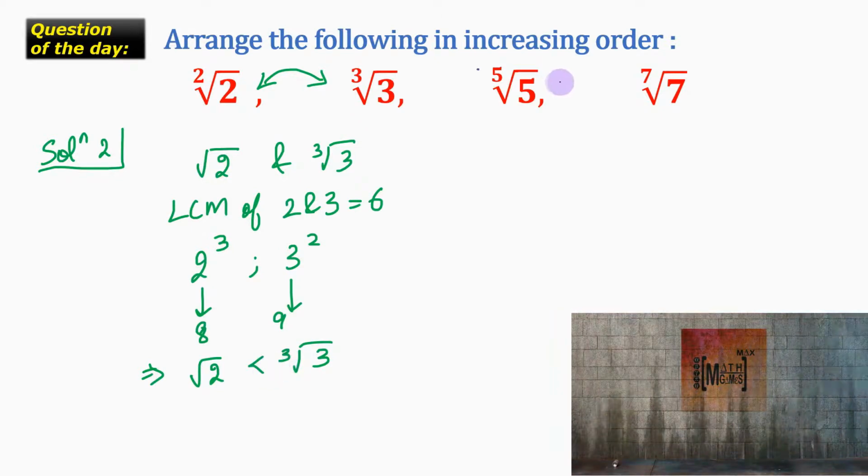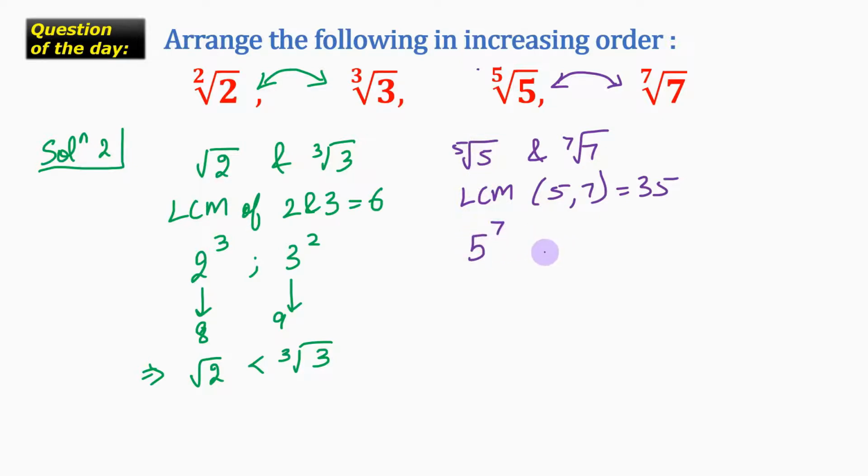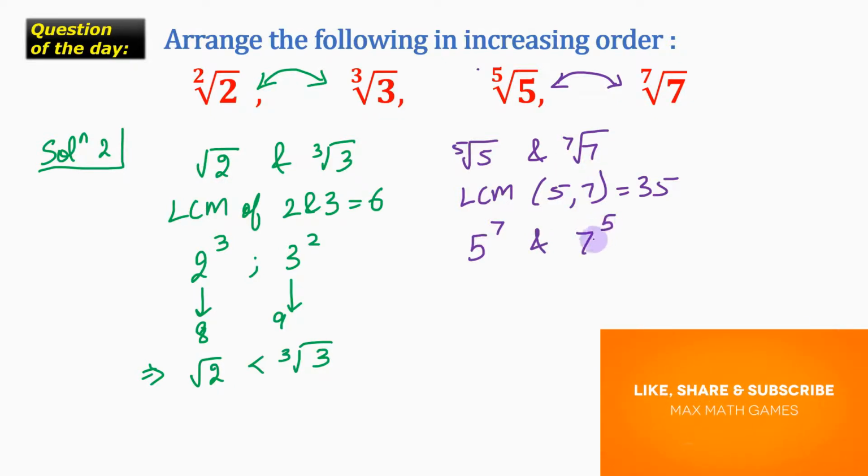Now let us compare fifth root of 5 and seventh root of 7. The LCM of 5 and 7 is 35, so we raise the powers by 35 units. Fifth root of 5 becomes 5 to the power 7, and seventh root of 7 becomes 7 to the power 5.